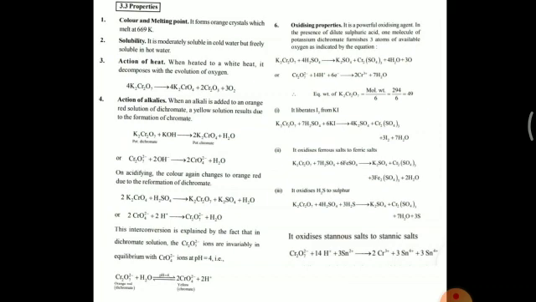The chromate and dichromate ions exist in equilibrium with each other at pH equal to 4.